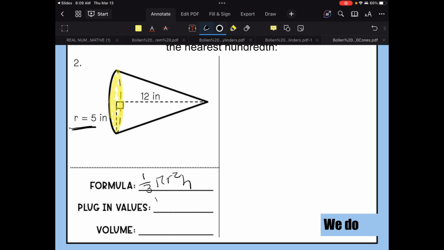So we have 1/3 times pi times 5 squared times 12.